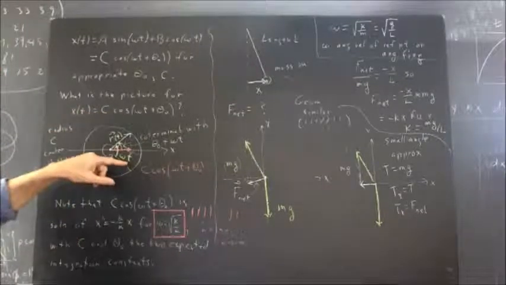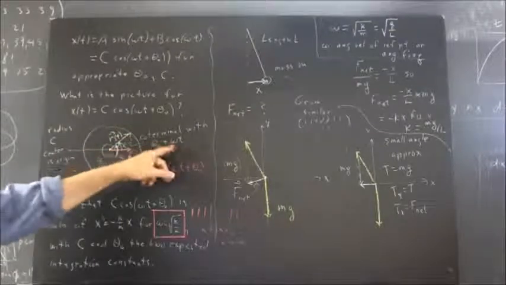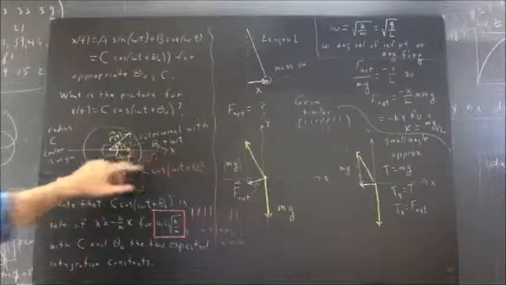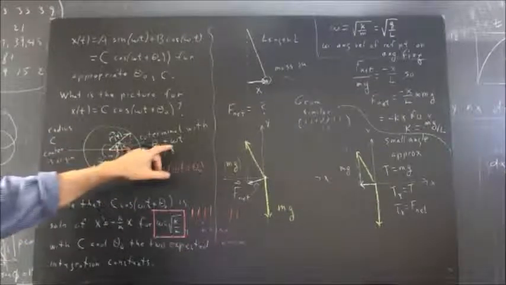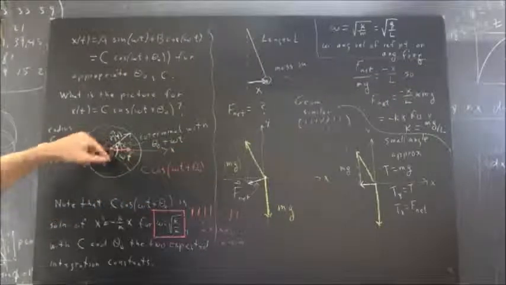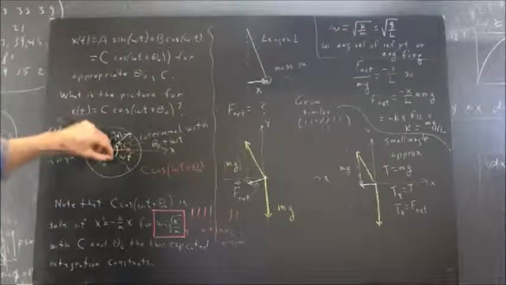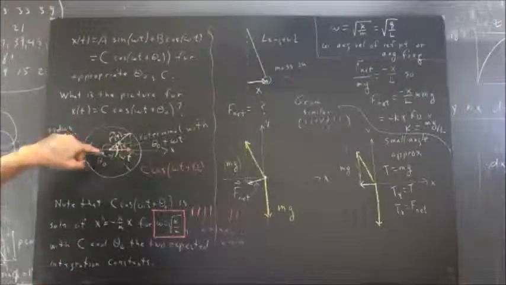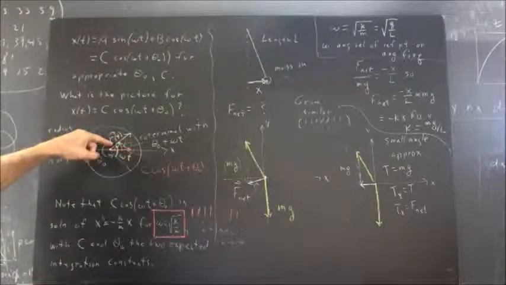Omega t is angular velocity times the clock time. If we started here at t equals 0, then wherever we started at t equals 0, omega t is how far we've gone since that point. So we have omega t here, and that's where we are. Okay, theta naught plus omega t.